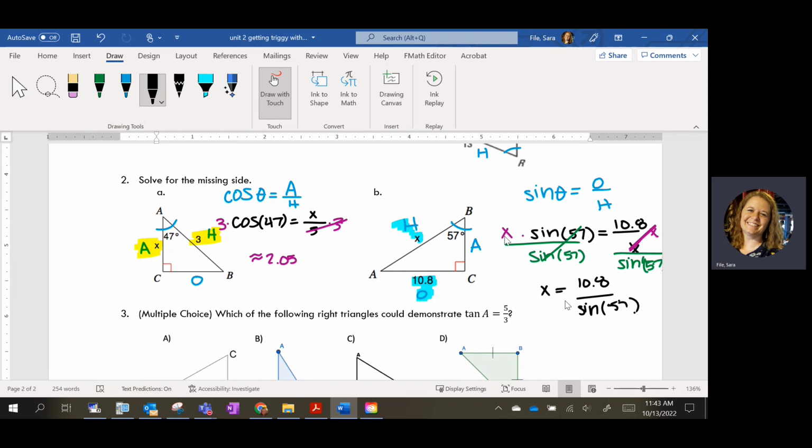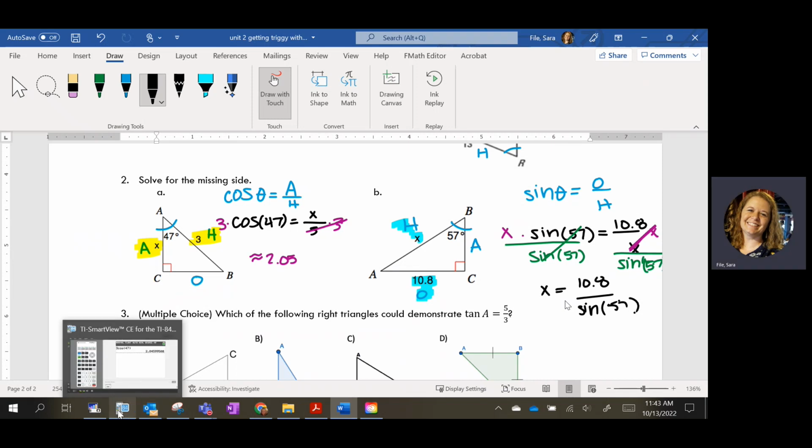You do not have to show this work that I did in the purple and green every single time. You can go straight from this step in black to this step in black. Just show that they switch spots, and that's good enough. That's enough work, okay? But I just wanted to show you this one time so you can see why they're actually switching spots. It's because of the algebra that we're doing to solve for x. But now it's just a calculator question.